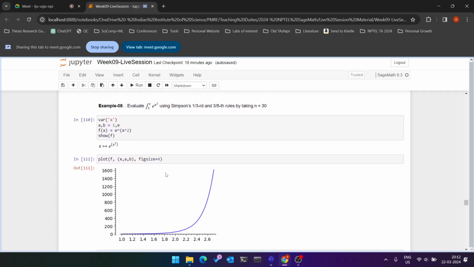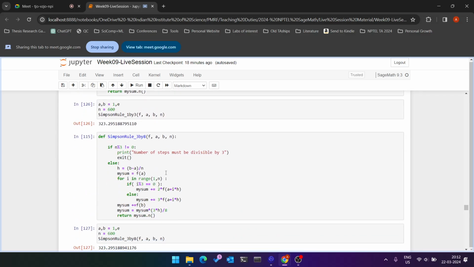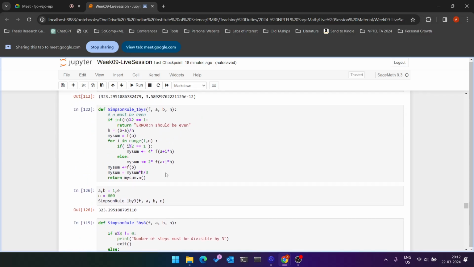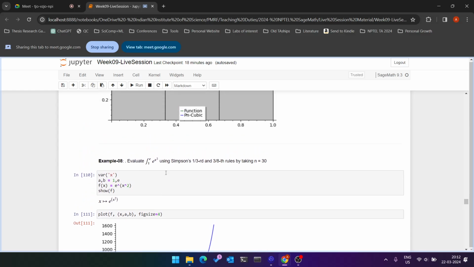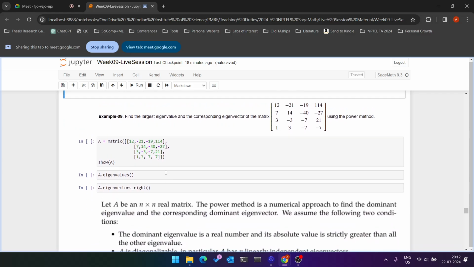You can, in theory, keep on creating more and more complicated rules based on the form of interpolation polynomial that you choose to have. Okay, so this is what we have for this example. Any doubts, if you have, you may ask them now.